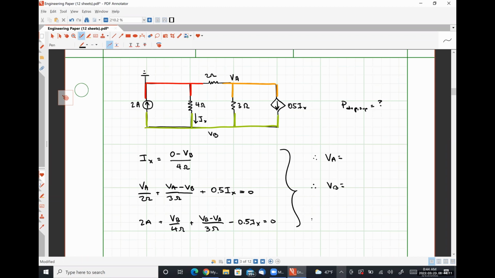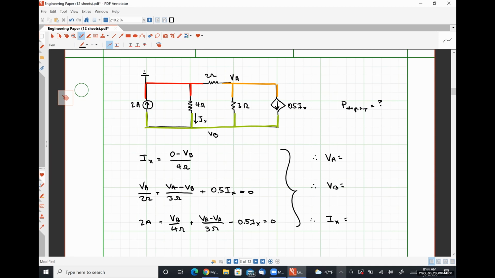take me a moment to do it because you chose a different reference node than me. It's not going to change the value for the power at the end at all. So let's see. Set my calculator. So I have 1/2 plus 1/3, and then I have negative 1/3, and then I have half IX, and that's equal to 0.